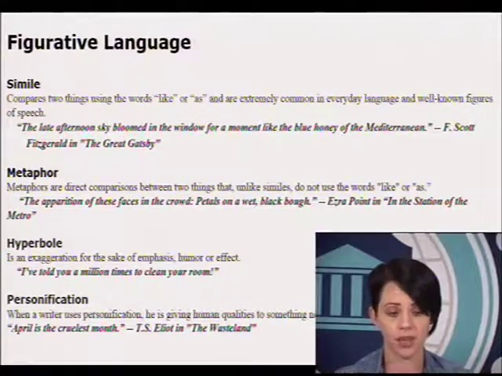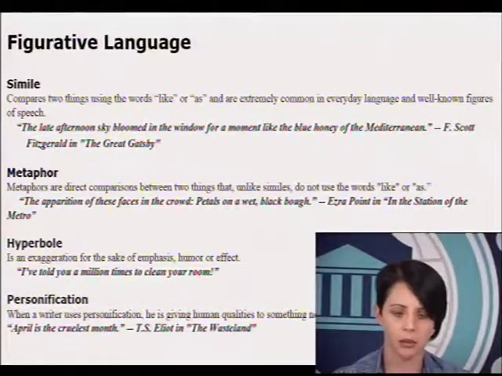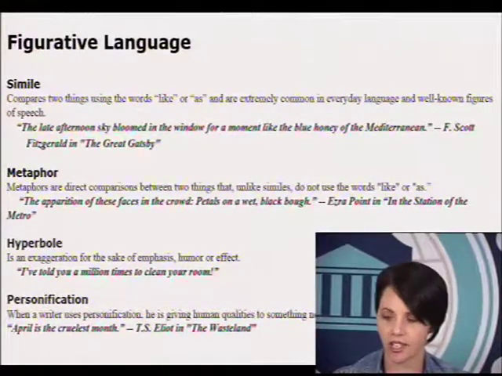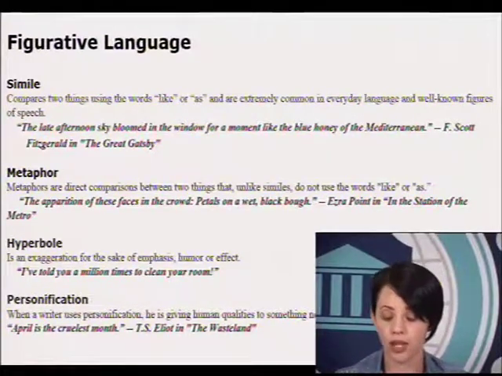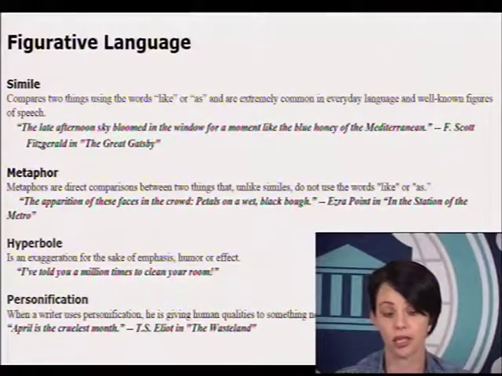Metaphor. Metaphors are direct comparisons. So it's similar to a simile, but the difference is it's direct, without using the words like or as. For example, she is an angel. She is an angel, so that means the lady or the person you're talking about is compared to an angel, but you don't use the words like or as.